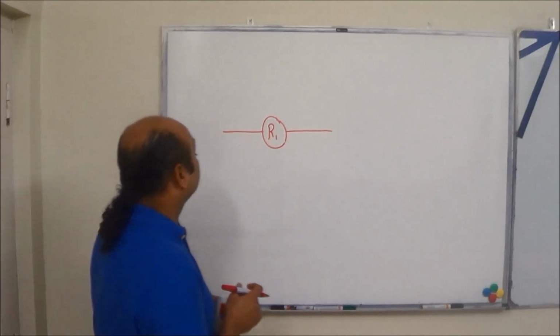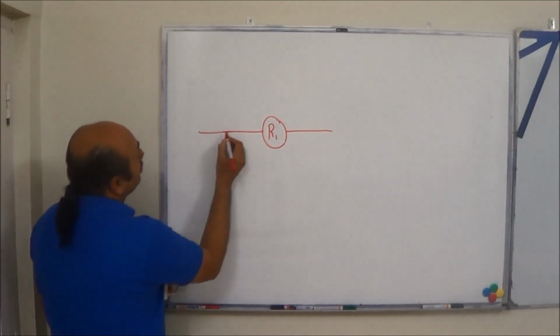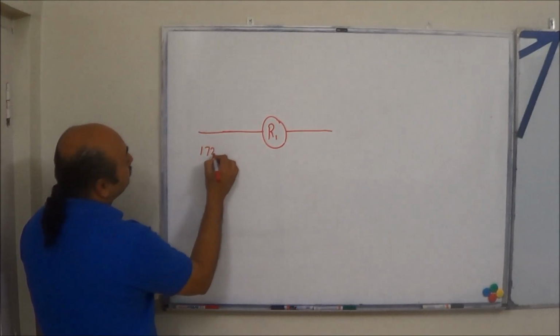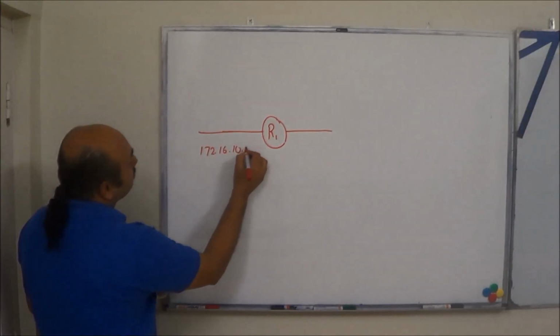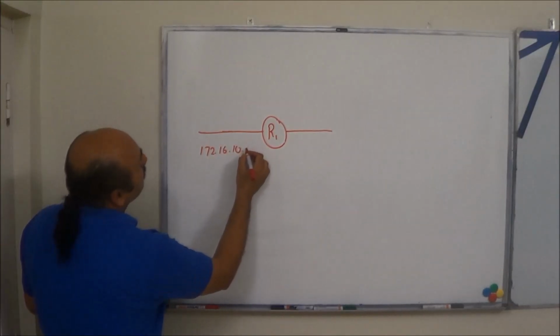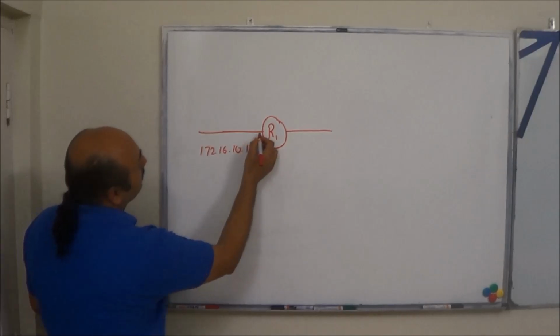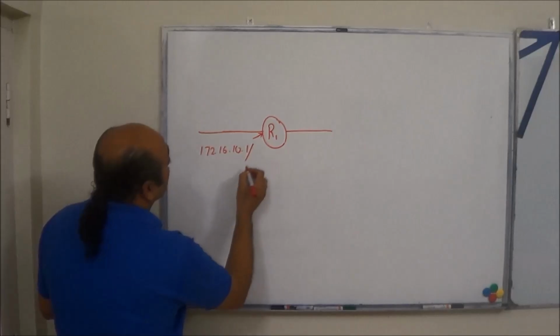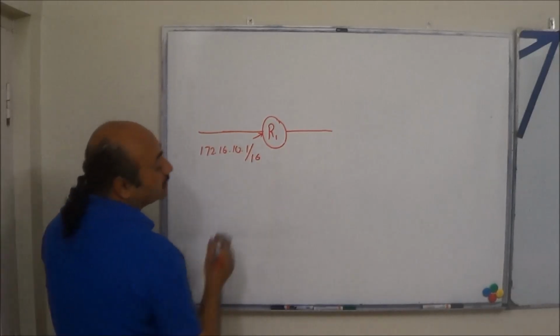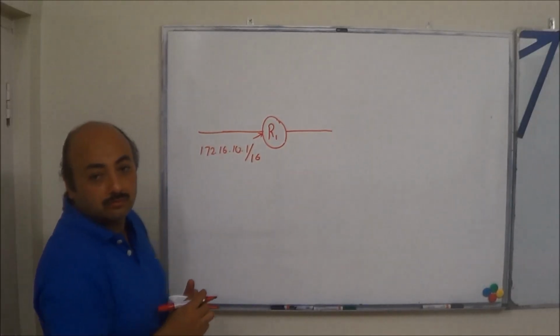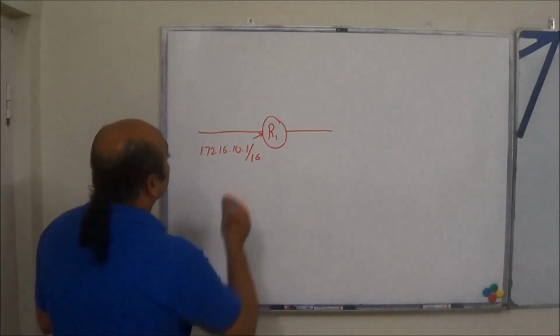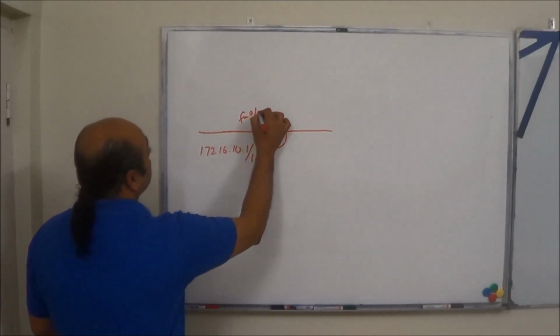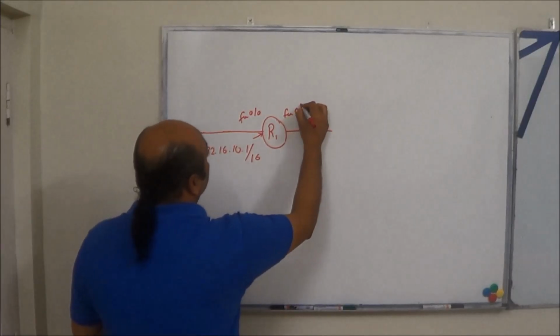Now let's go ahead with this part. Let's say this is a network with IP address 10.1, with subnet mask 16. This is FastEthernet 0/0, and this is FastEthernet 0/1.